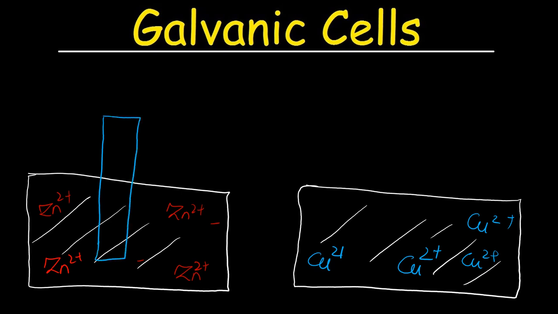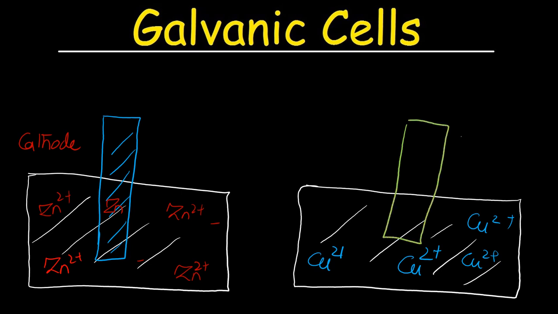One part of the galvanic cell, which is based on zinc, consists of a piece of zinc metal, and it acts like a cathode, whereas the other part of the galvanic cell is made up of a piece of pure metal, the positively charged anode, and the anode is made up of copper metal.